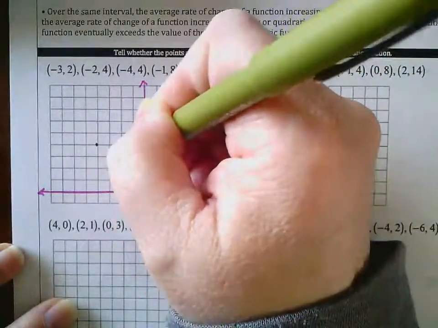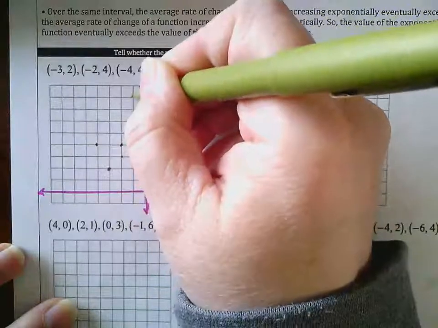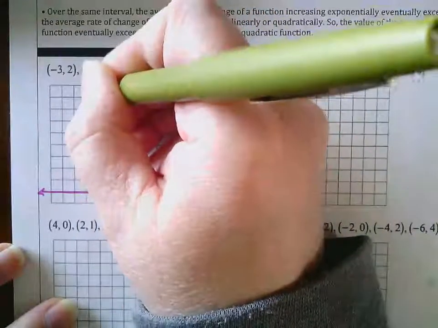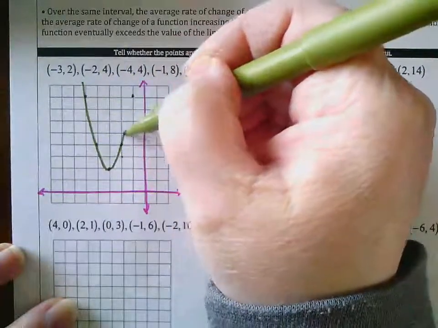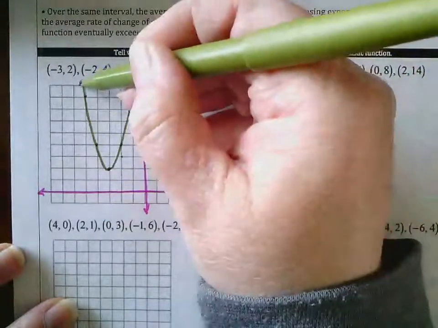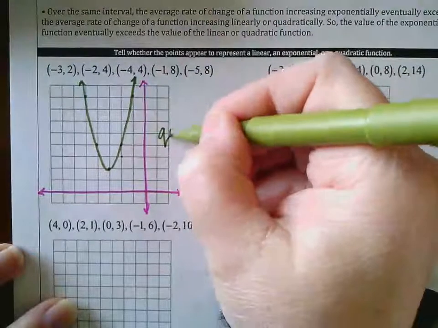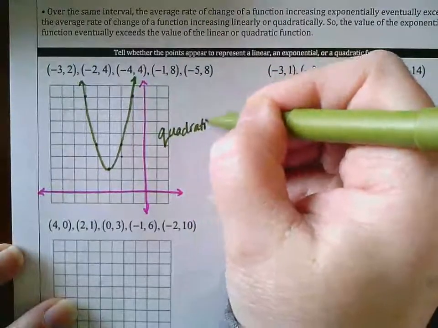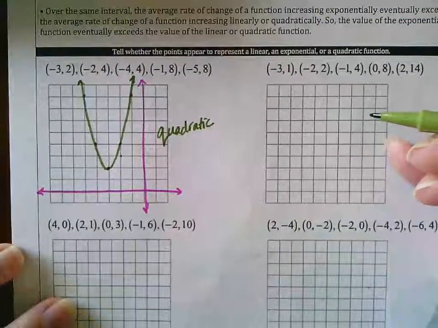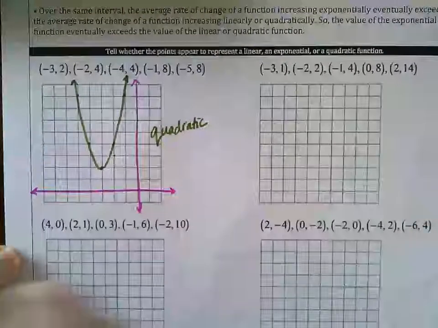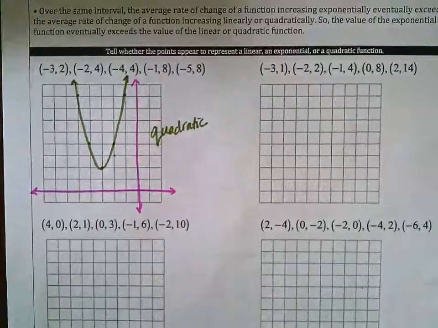So 1, 2, 3, 4, 5, 6, 7, 8. And then the same thing over here. So just by looking at the points, you can actually see this is quadratic. But just from the graph itself, you need to learn to be able to identify that. If you wanted to, you could set up a table as well. But you don't really need to because the points are given for you.